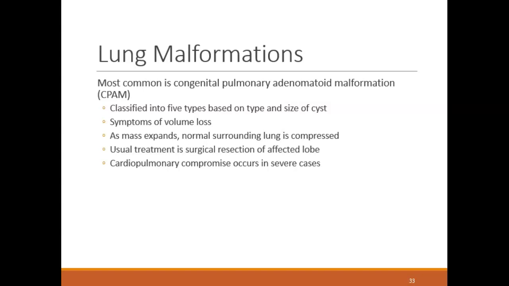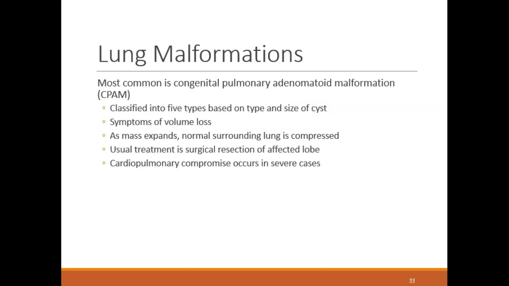It can take over an entire lobe of the lung, and obviously depending on how much of the lung turns into the cystic area, that's going to create some volume loss. So the more of the lung that's affected, the more volume that's going to be lost for the patient.